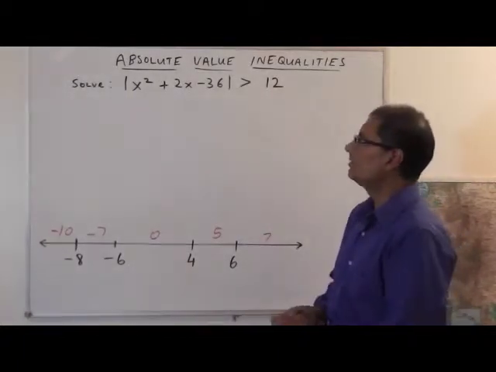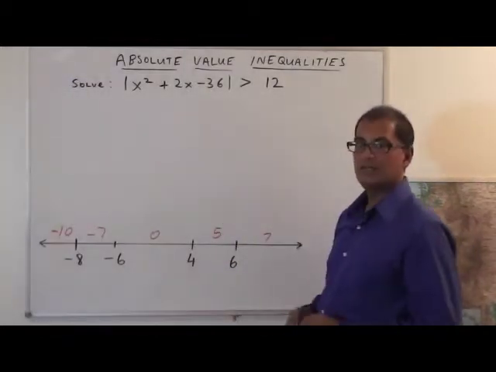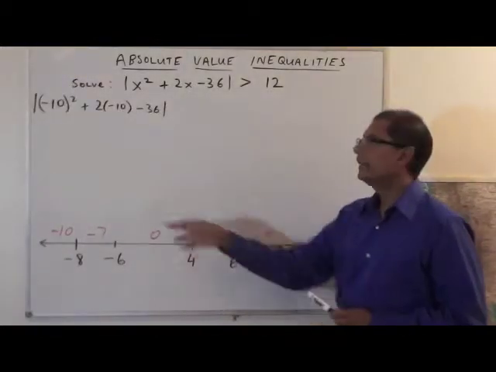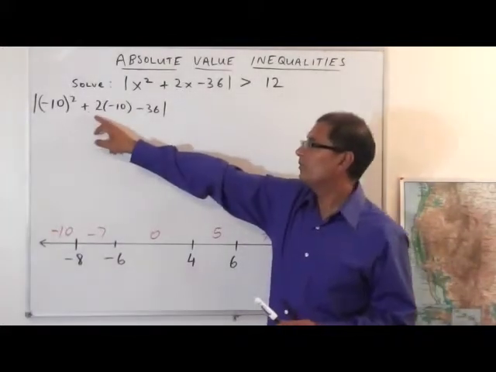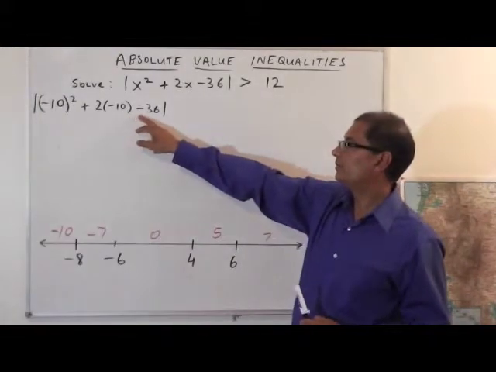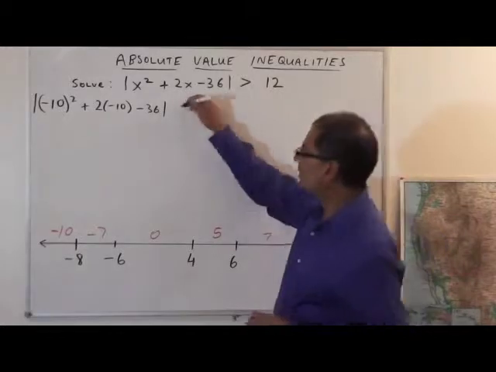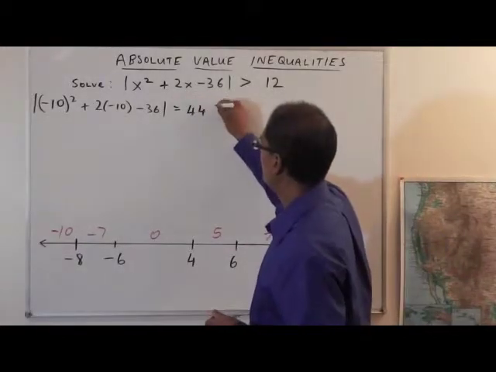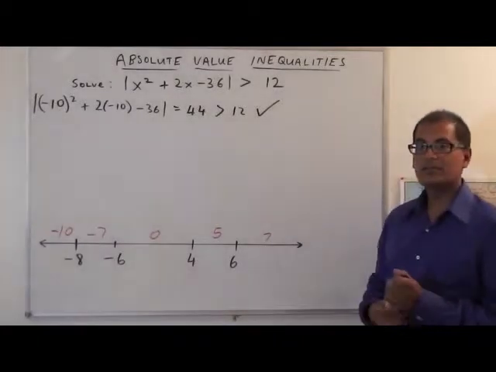So we're going to check each of these in the absolute value inequality. So if I plug negative 10 in here, I get negative 10 squared plus 2 times negative 10 minus 36. So that's 100 minus 20 is 80 minus 36 will give you 44. And so this is greater than 12. So that's true. So yes, that's greater than 12.